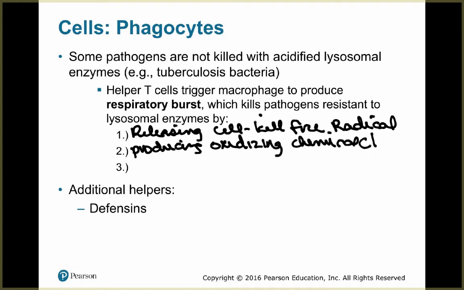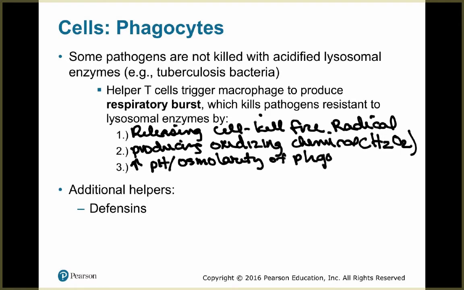A perfect example of this is hydrogen peroxide being produced. And hydrogen peroxide is extremely toxic to cells. And then the last part of this, it basically increases pH and osmolarity of the phagosomes or the phagolysosomes. And this can help to kill anything that is still there.